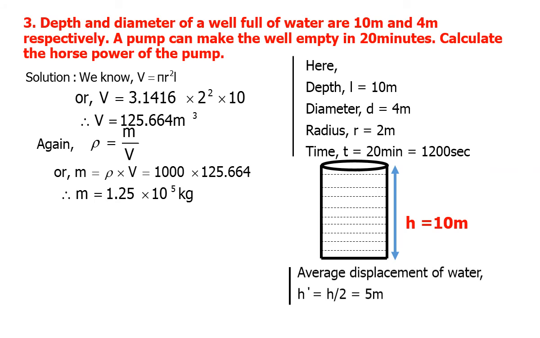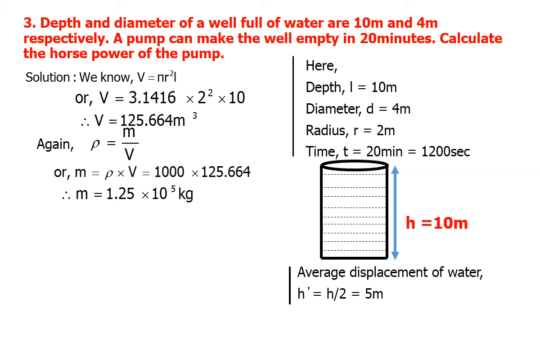The work done to raise the water from the middle portion is more than the upper portion, and at last the work done by the engine for the lower portion is more than the former two.